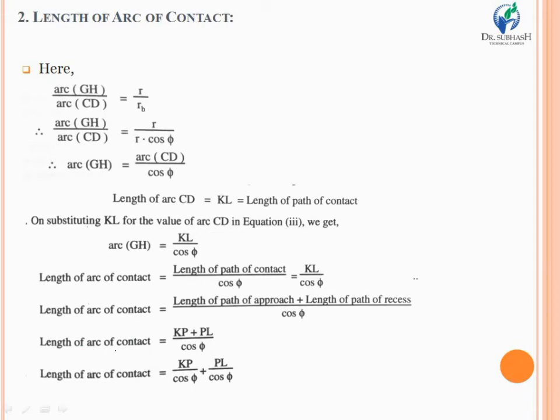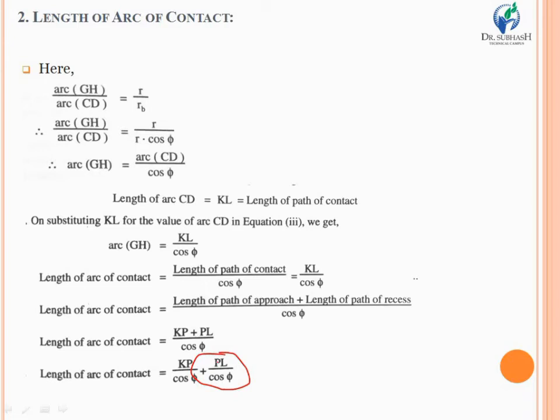That is, KP plus PL upon cos phi, which equals KP upon cos phi plus PL upon cos phi. In the above relation, the term KP upon cos phi is generally known as the length of arc of approach, and the second term, PL upon cos phi, is known as the arc of recess. So we can say that the length of arc of contact is the summation of the length of arc of approach and the length of arc of recess.